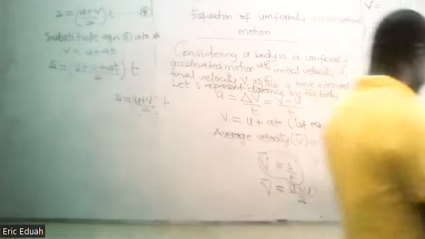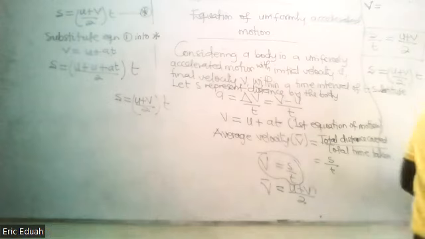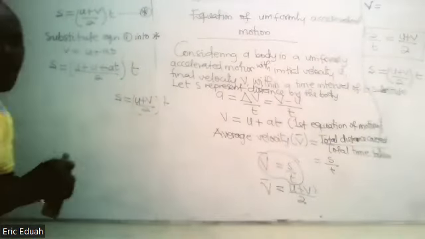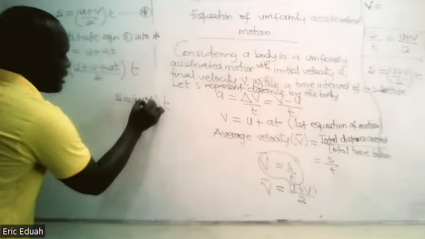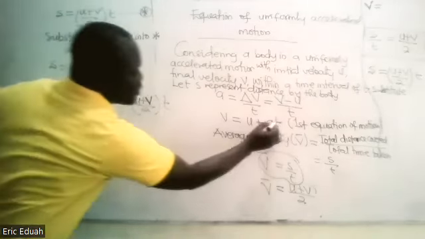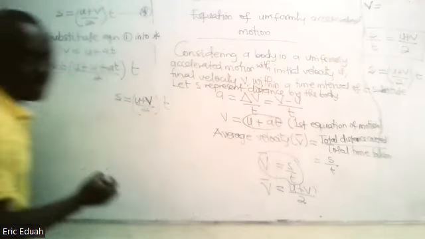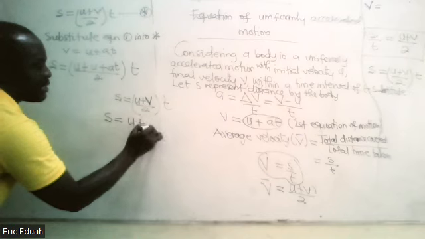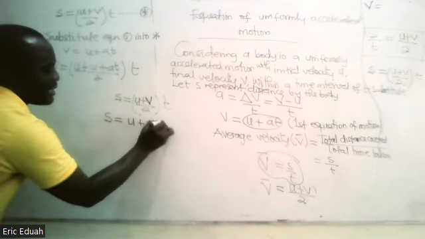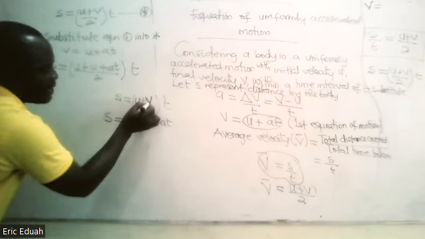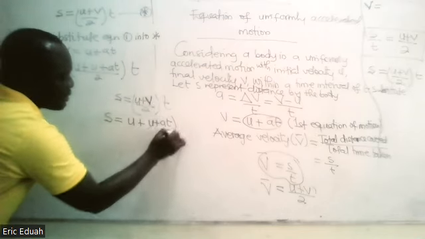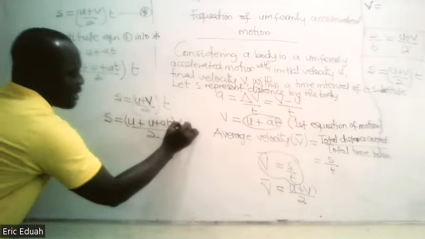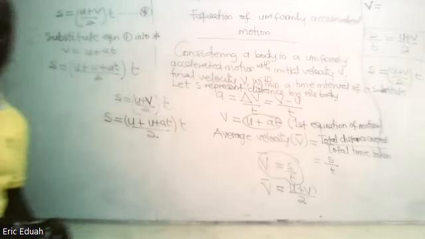So S is equal to U plus another U plus AT, and this is for V, all divided by 2, times the T outside the bracket.